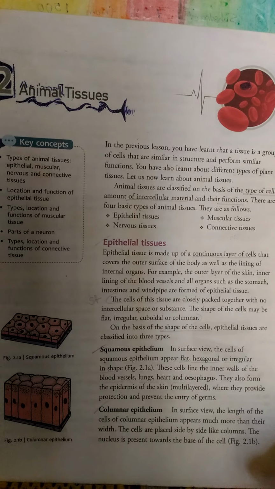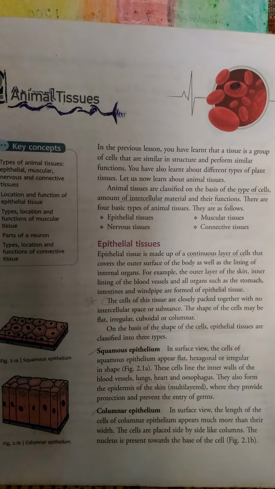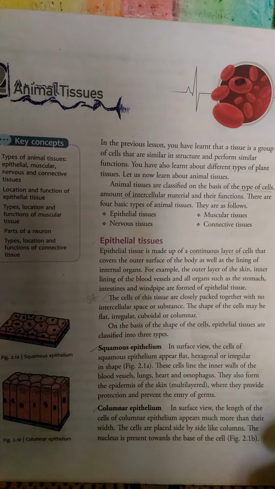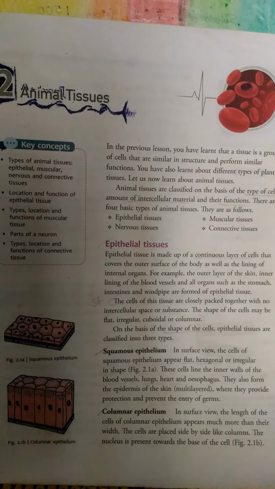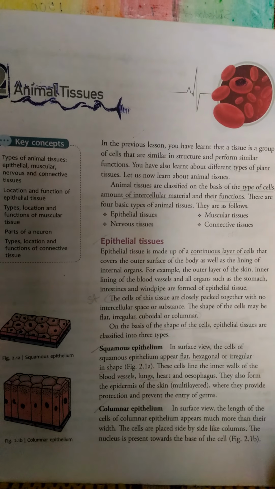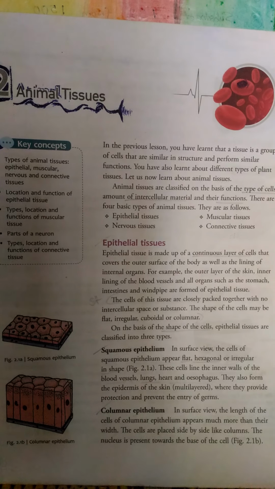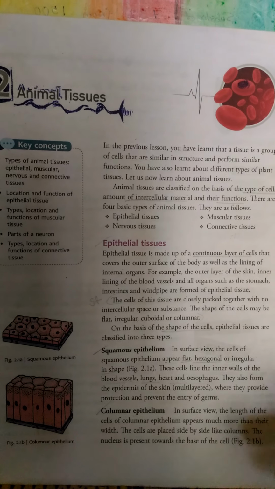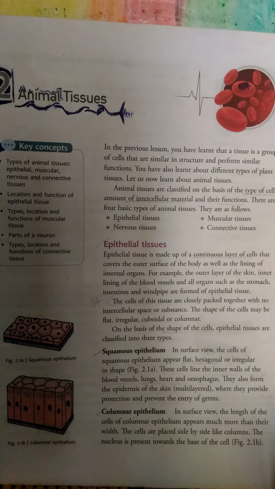Suppose when we are standing in front of a mirror, what can we see? We can actually see the covering of our body. This covering of our body, or the outer epidermis, is nothing but the epithelial tissue layers, or the epithelial layers of cells.